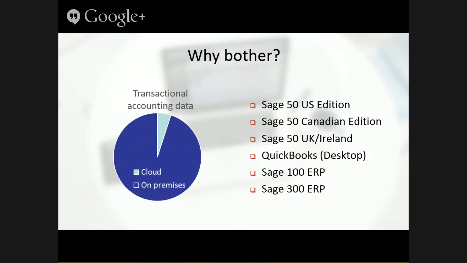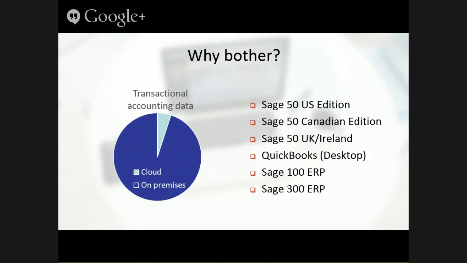So if you're wanting to build a cloud or mobile app that connects into accounting data that's used by companies employing 10 to 100 people, 95% of that data is out of your reach unless you find a way of connecting into the on-premises data. And that's exactly what we, Suntico, are providing to you.